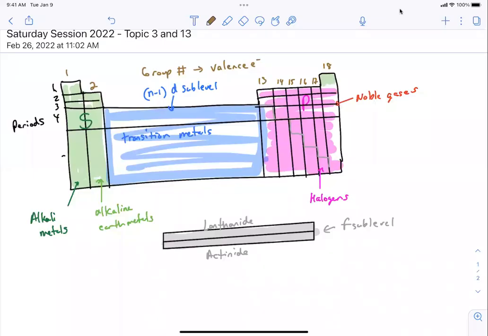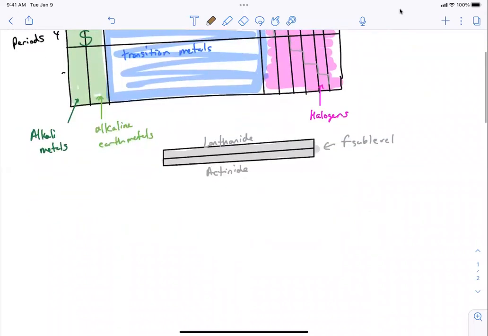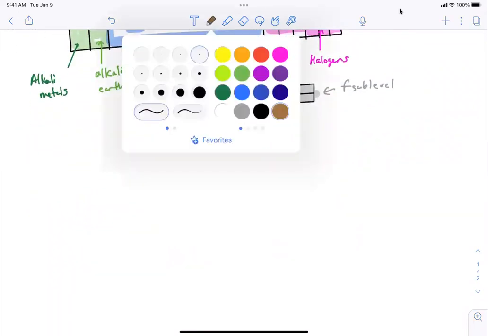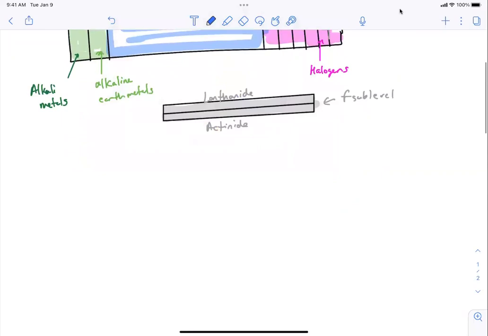So the chromium copper exception is the fact that even though you read the electron configuration the right way, chromium ends up being Ar 4s2 3d4, and copper is read as Ar 4s2 3d9.